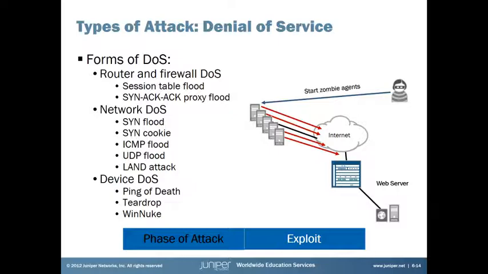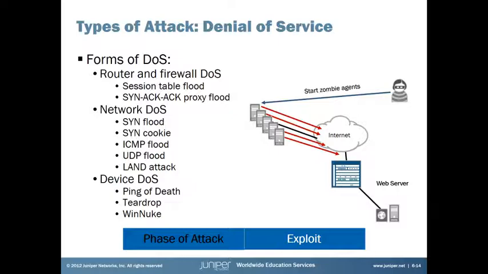Then there's the network DOS attacks. There are things called SYN floods, SYN cookies, ICMP floods, UDP floods, and LAND attacks. We'll get in and look at what those actually are. And then there's particular device attacks, like, for example, ping of death. There's certain operating systems that are vulnerable to a particular malformed ping and malformed packets.